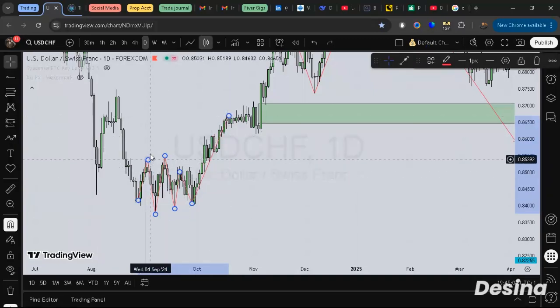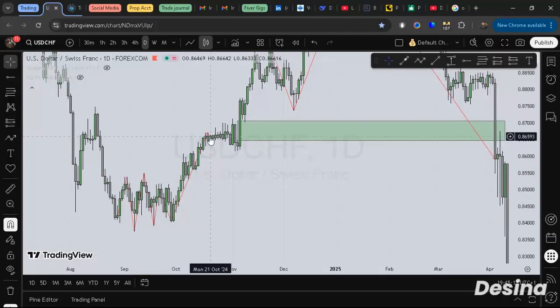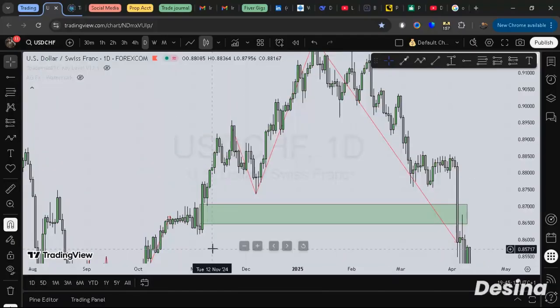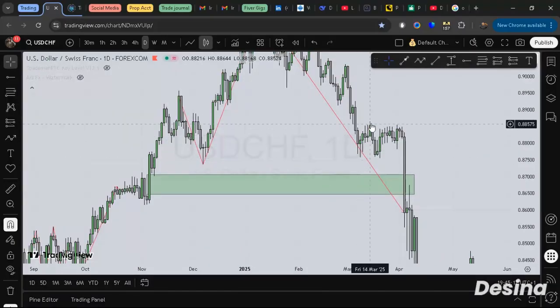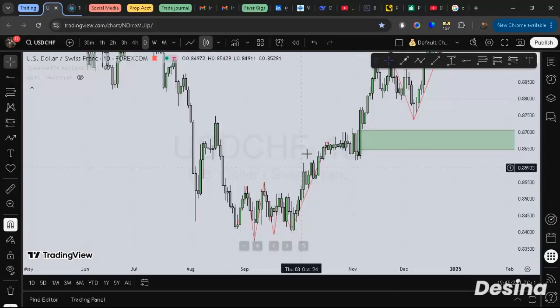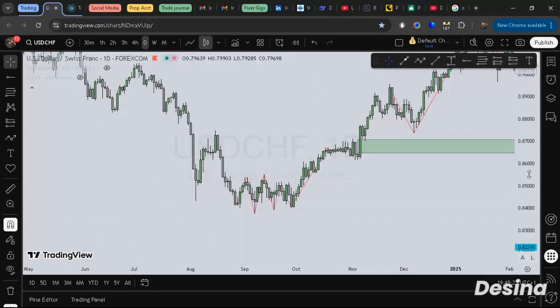It's like loading to either push up or push down. After a consolidation, the next thing you will see is an expansion. Can you see after this consolidation here? Expansion, an aggressive one.